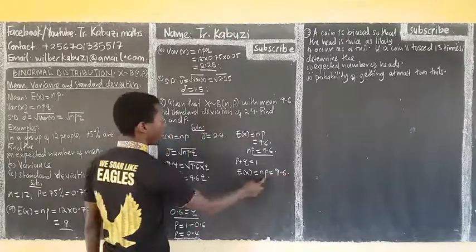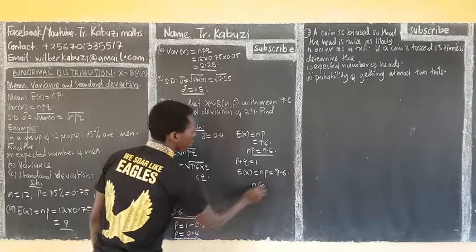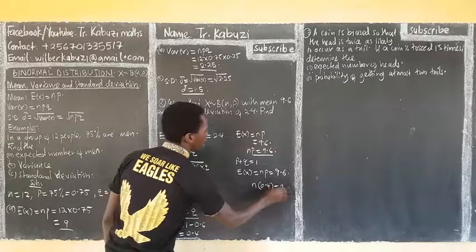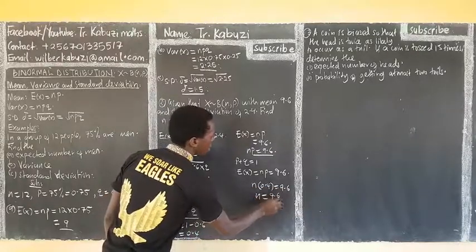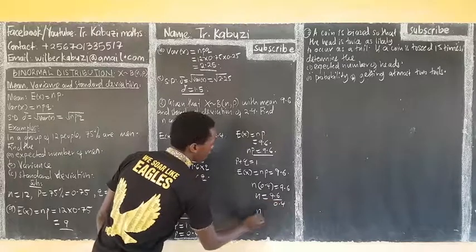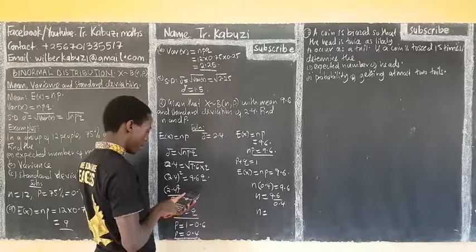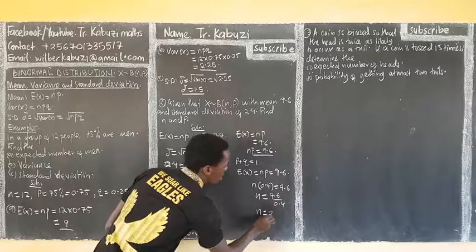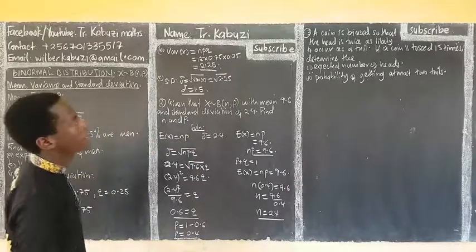So now when we want n, we have p, so n times 0.4 equals 9.6. So my n will be 9.6 over 0.4, which is 24. Simple answer. So that's how we use this one. They are very easy to get.